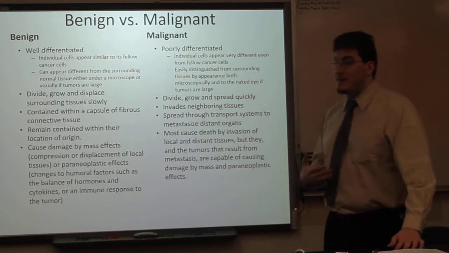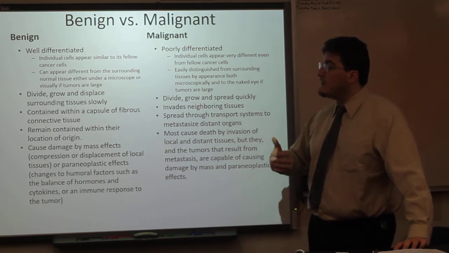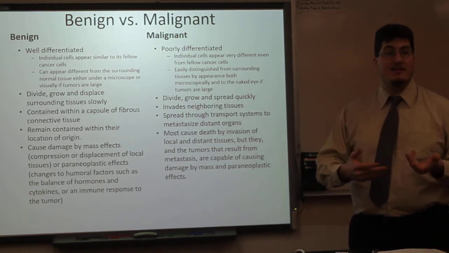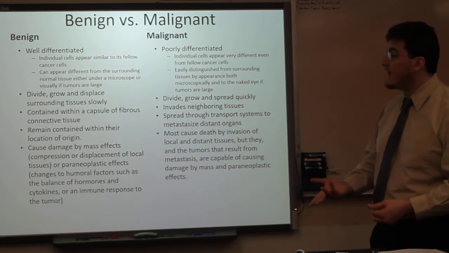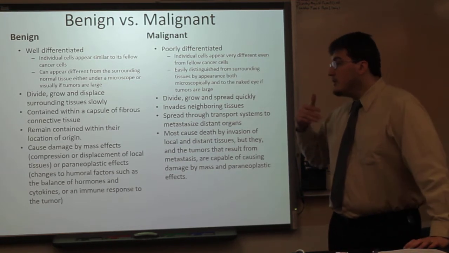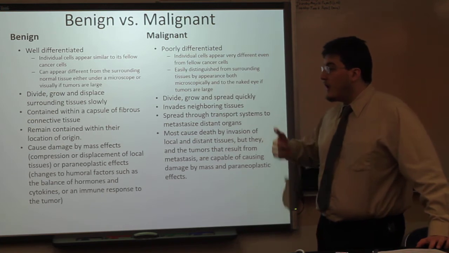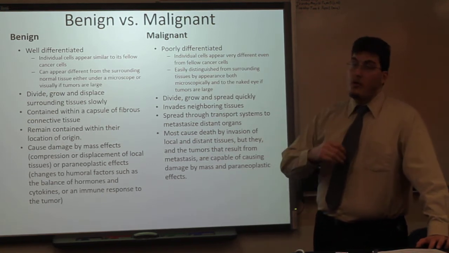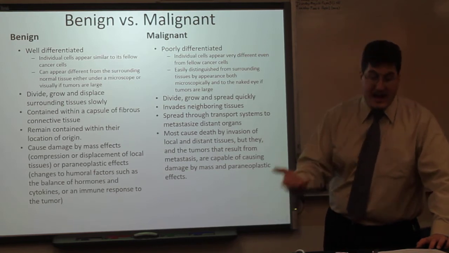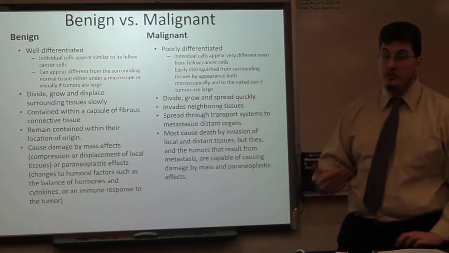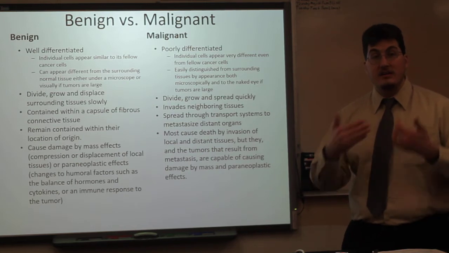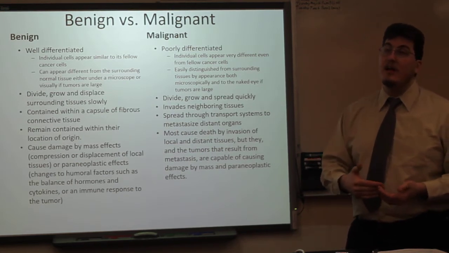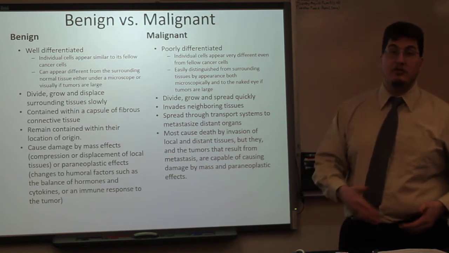You can also have a benign tumor cause a problem through paraneoplastic effects. A neoplasm is also a way of saying cancer. Changes to the humoral factors is a paraneoplastic effect, like the balance of hormones and cytokines, or immune responses to the tumor. And yes, your immune system can respond to tumors. They are technically self, but sometimes they can be so radically different that your immune system will respond to them.